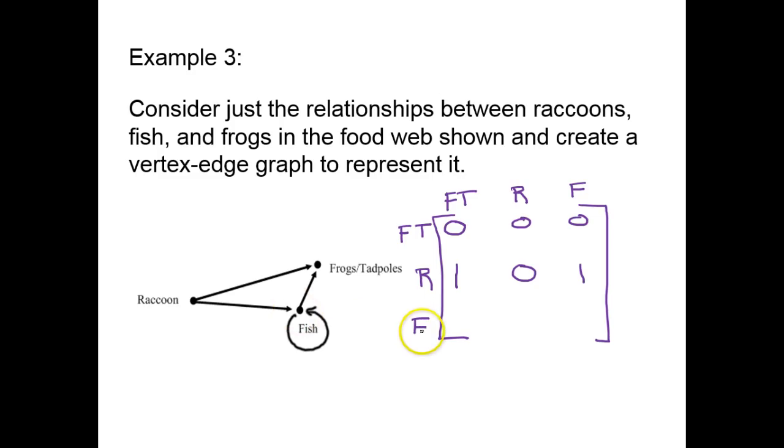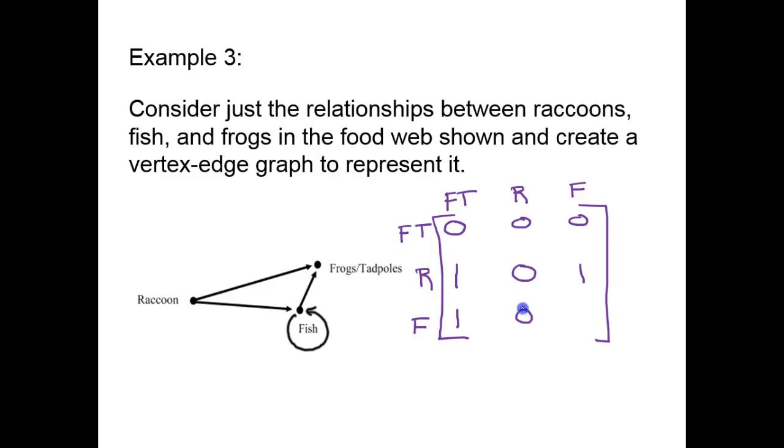Alright, do fish eat frogs and tadpoles? Yes, and probably they're talking about tadpoles here, but fish eat frogs or tadpoles. So I'm going to put a 1 there, and this means fish eat frogs and tadpoles. Do fish eat raccoons? No, fish do not eat raccoons. That's why there's no arrow going that way.